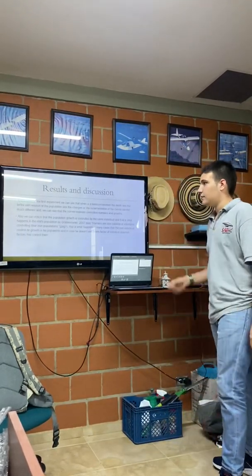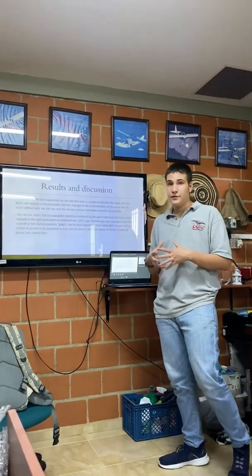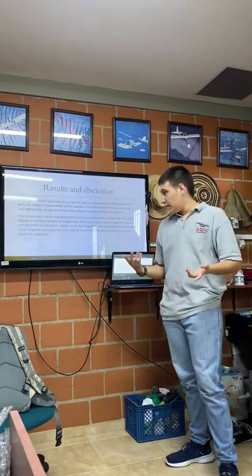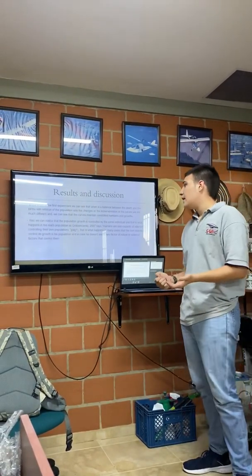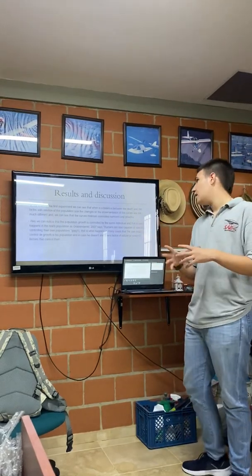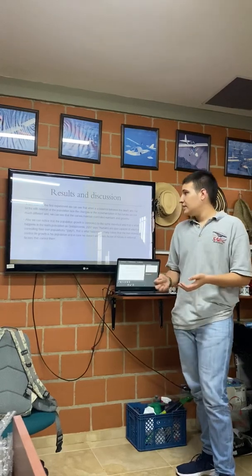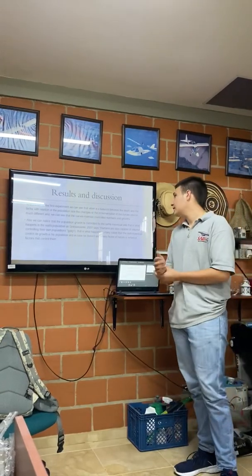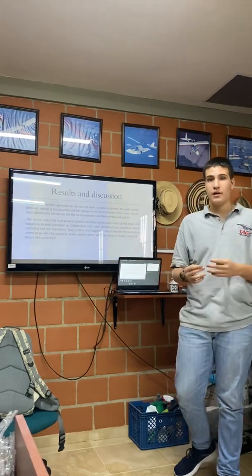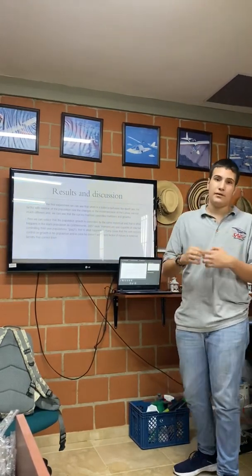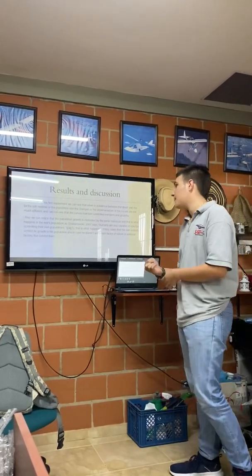Okay, results and discussion. In the chart of the first experiment, we can see that when there is a balance between the death and birth rates in relation to the population size, the changes in the increase of the curves are not much different, and we can see that the curves maintain controlled numbers and growth, controlled death and birth growth, and that shows us a balanced environment and a balanced population.